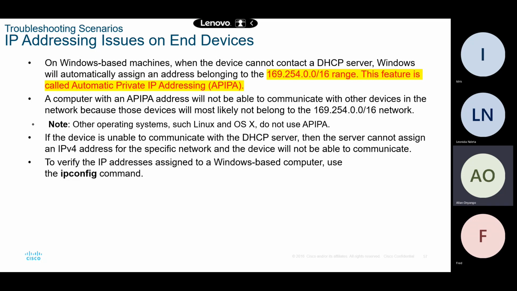So it's important that this be paid attention to. The device should never have an IP beginning with 169. But operating systems like Linux and macOS don't use APIPA. It's important to know that this is only for Windows machines.